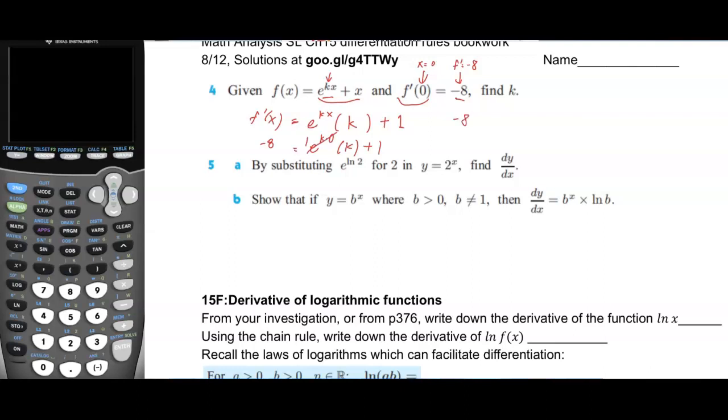So we have -8 equals k plus 1. So k is equal to -8 minus 1, or -9. So our original function was actually f of x equals e to the -9x plus x. So k was -9.